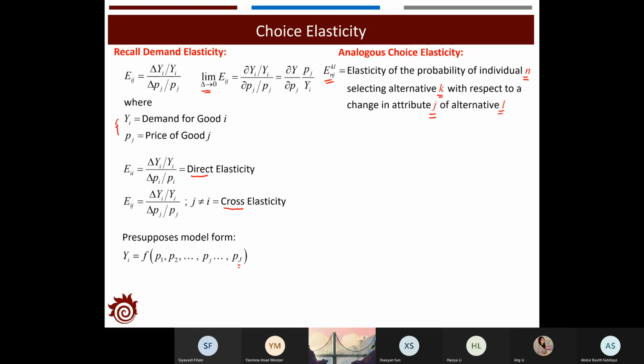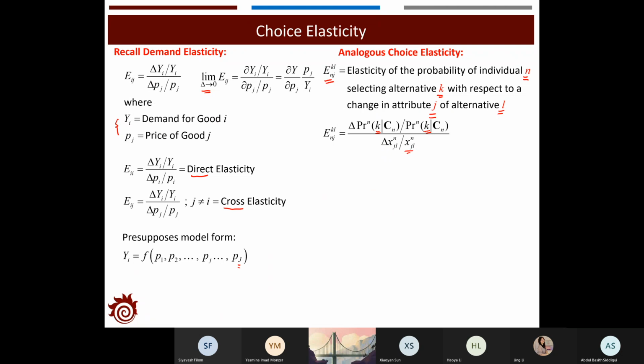If we recall the definition of the elasticity, we can write it as the change of the probability for the individual n to choose the mode k divided by the probability of n to choose the mode k, divided by the ratio of the change in the attribute jl and the specific value of xjln for that individual.